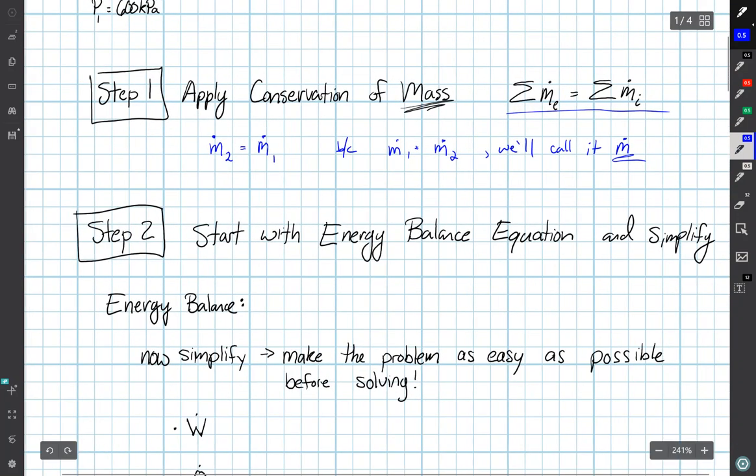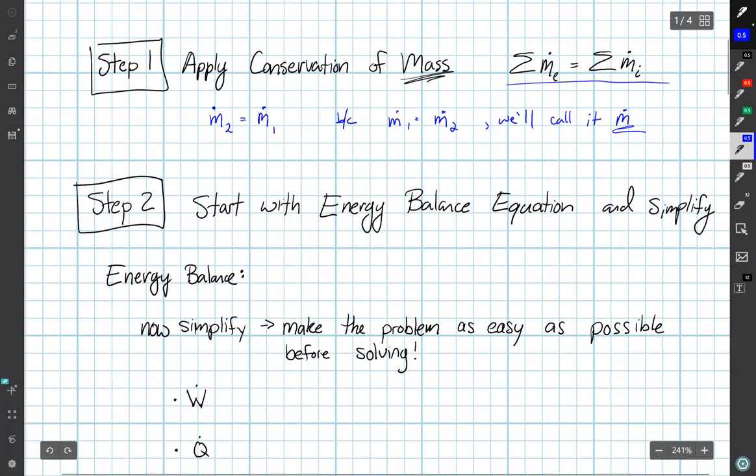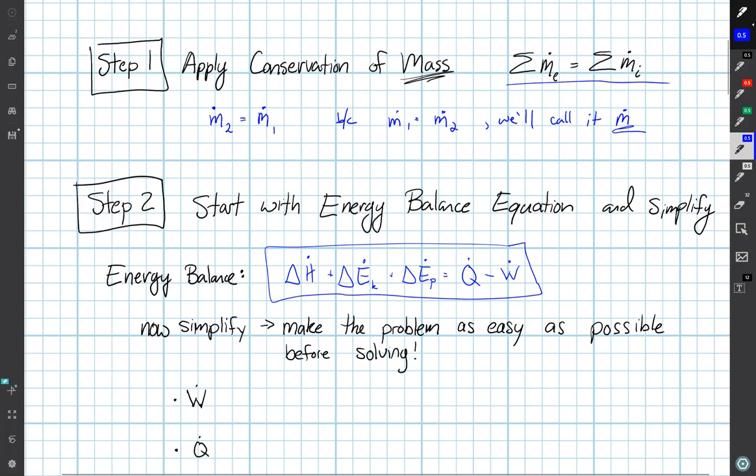Our next step after we apply a mass balance is to do the energy balance. So we're going to start with just writing the standard energy balance. For a flow system like this, it's delta H plus delta E dot K plus delta E dot P equals Q minus W. So that's our standard energy balance, and now we're going to simplify.